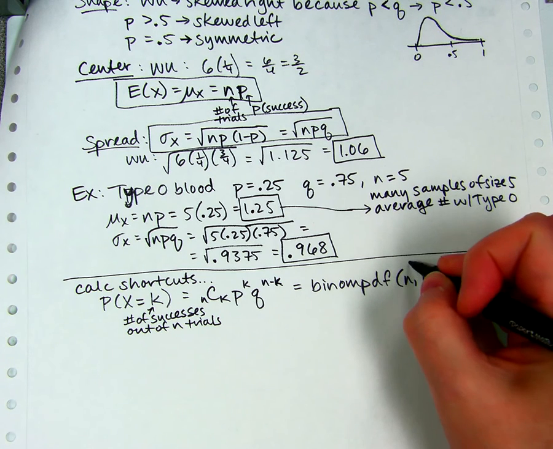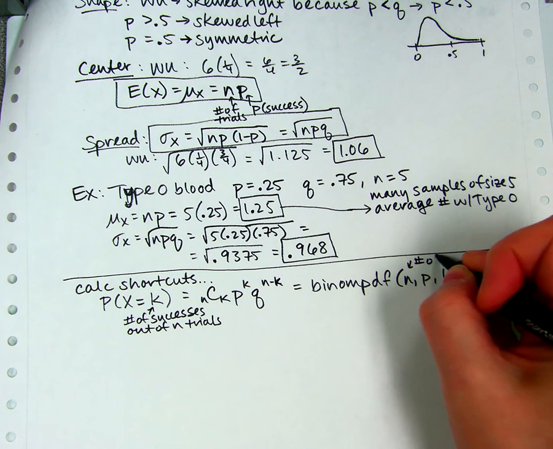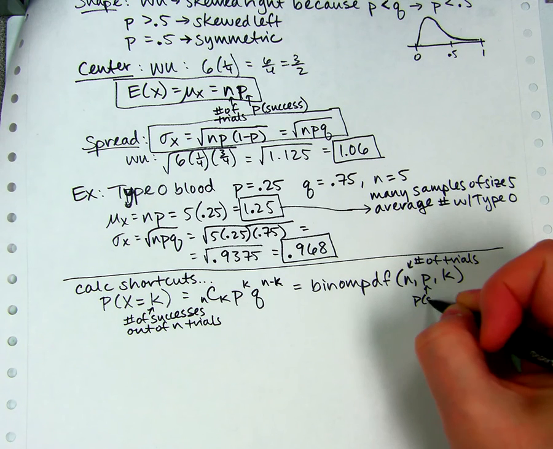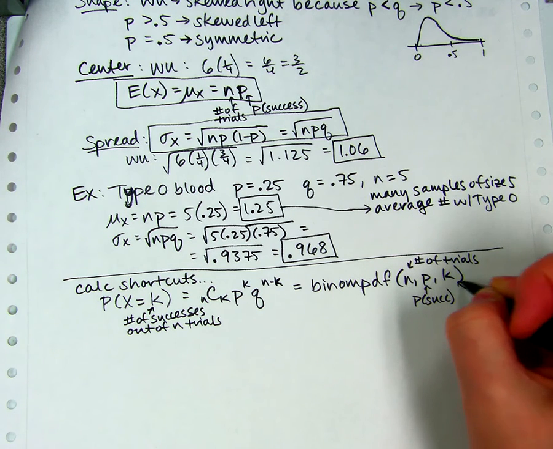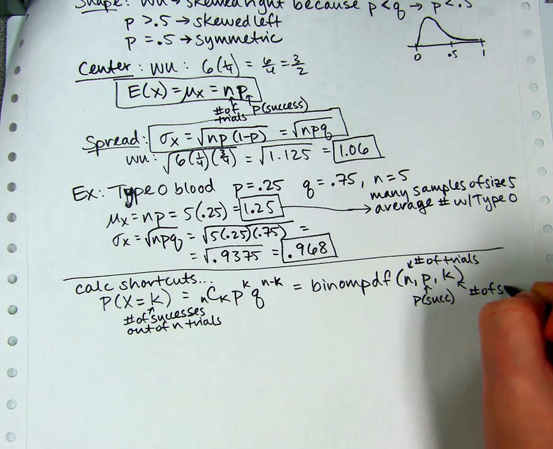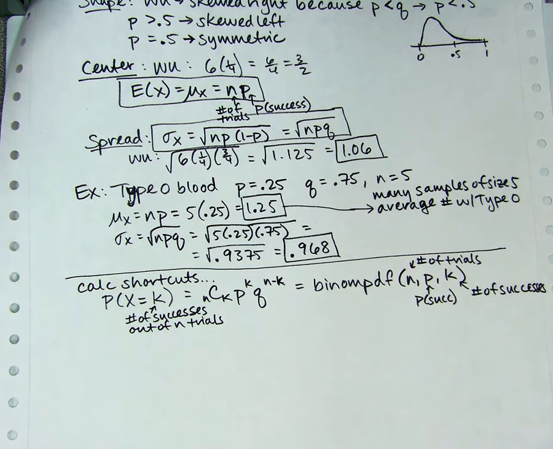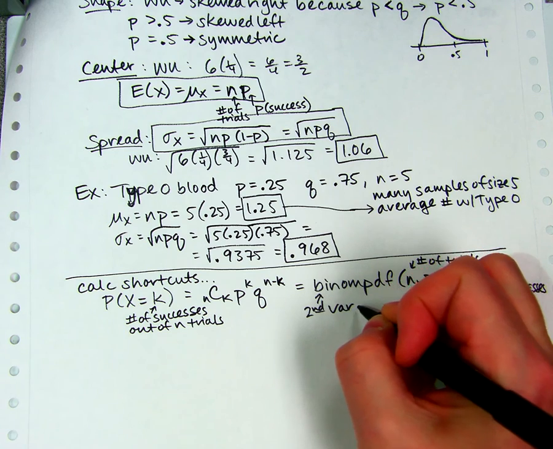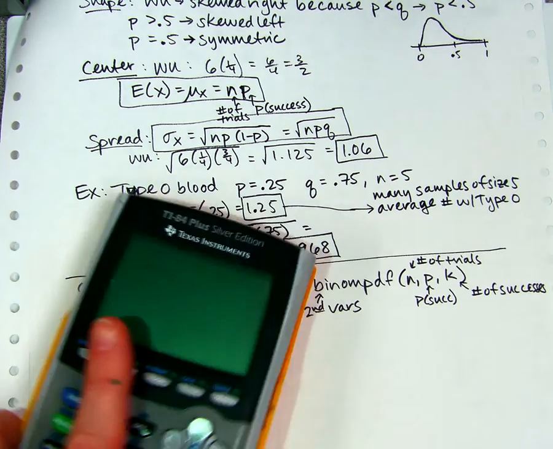The number of trials, probability of success, number of successes. And if you're wondering where to find that command, Binomial PDF is in second vars. It's the same place you would go for a normal CDF. We'll talk about CDF in just a moment.